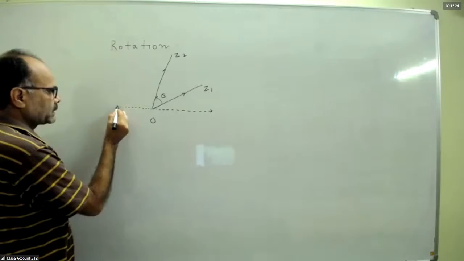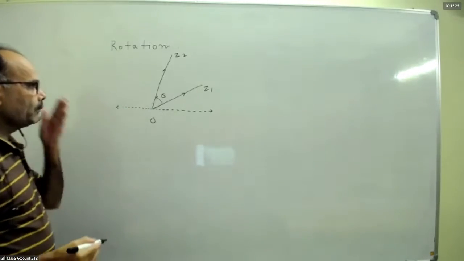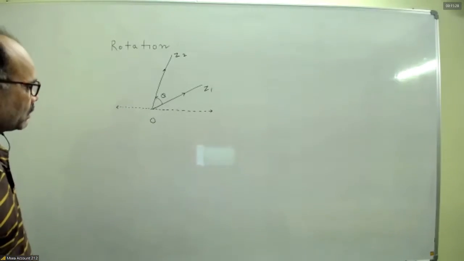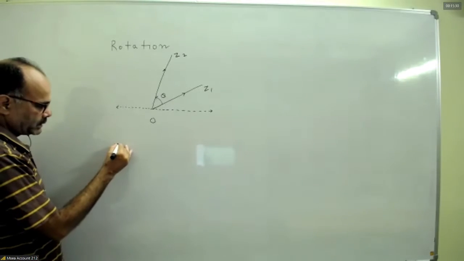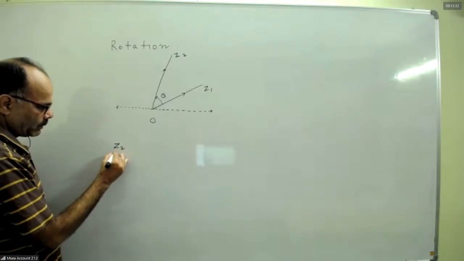Put this exercise. Okay. Now, Z2 by Z1, it's a complex number.